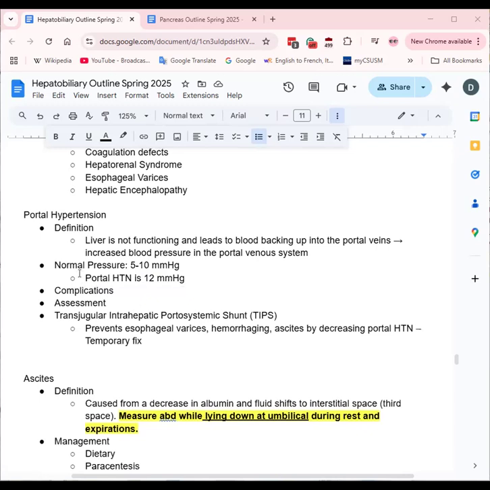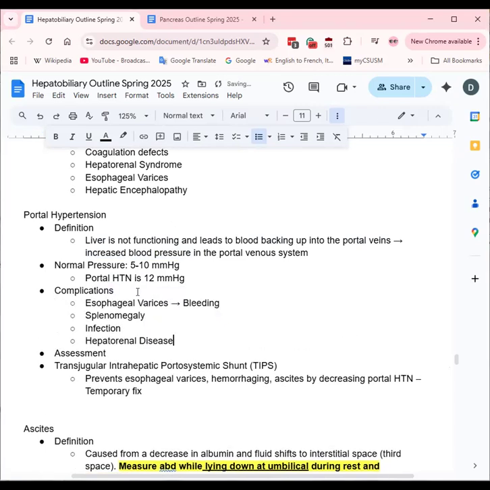Portal hypertension. The idea is that now you have all this backing up of blood, you're going to have increased pressure in that system. But really, the main thing to think about for this condition is the complications. The complications of portal hypertension are some of these things.